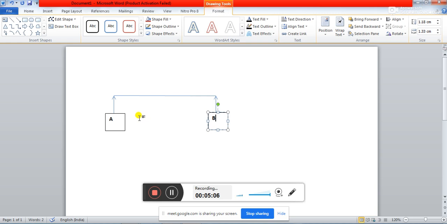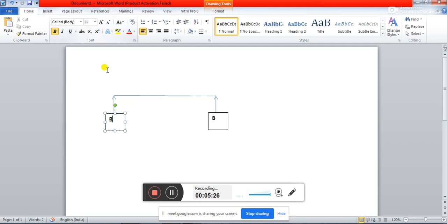So what is to be done? You will have to find out the influence line diagram for the reaction at A. Let's say the reaction at A is RA, and the reaction at B will be RB. Now if you want to find out the influence line diagram for this, then what will you have to do?